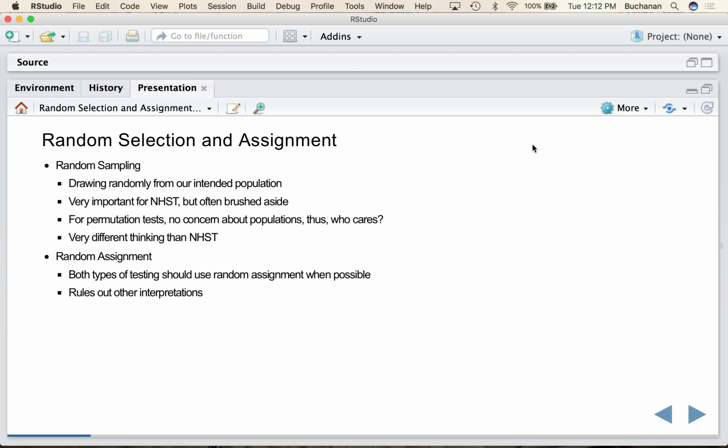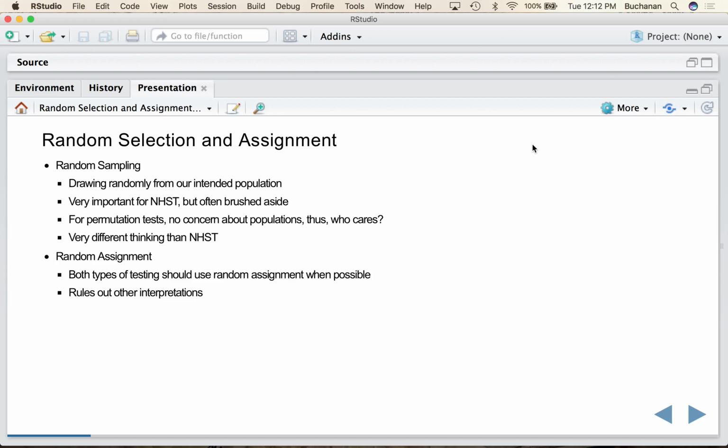Now, random assignment, however, is important for both tests. There is some work that says that maybe random assignment isn't totally necessary for permutation tests to still be accurate, but random assignment is pretty important when it comes to scientific process and theory, to ruling out other interpretations. So when you're able to randomly assign, you should.